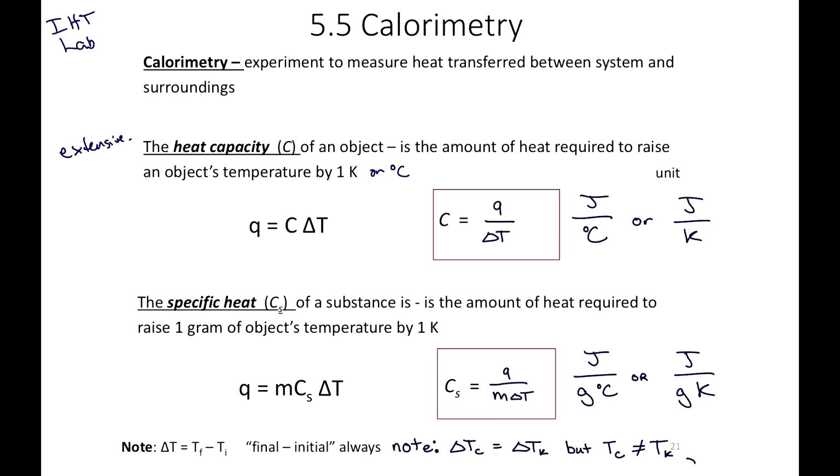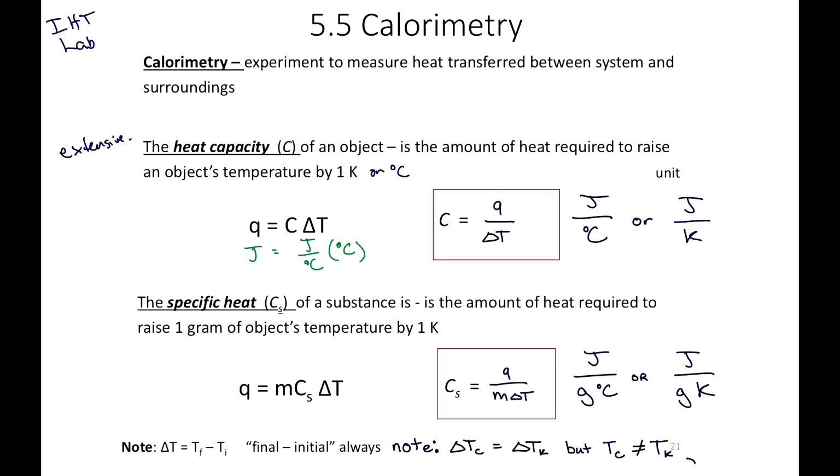So the unit and equation we use to think about heat capacity, how much it takes to heat an object: Q, this is the same heat we talked about before, is equal to heat capacity times the change in temperature for that object. So just based upon the units that are here, Q is in the unit of joules, delta T is in the unit of usually degrees Celsius or Kelvin. And so that means heat capacity has to be in the unit joule per degree Kelvin. So those are how our units work out, all right?